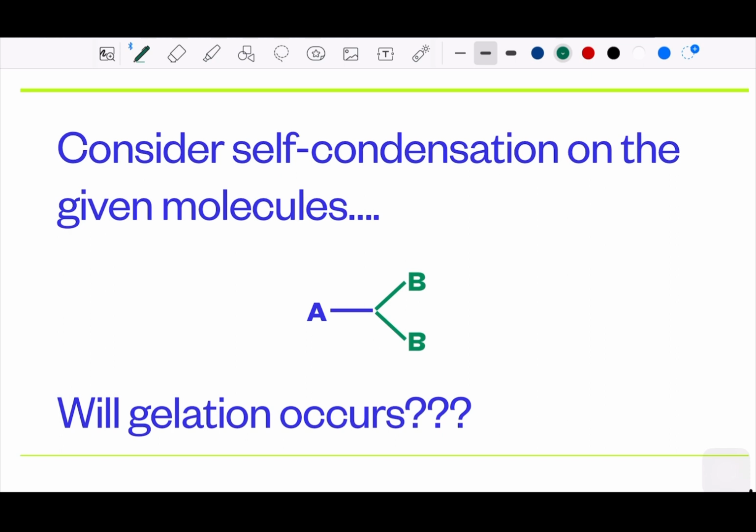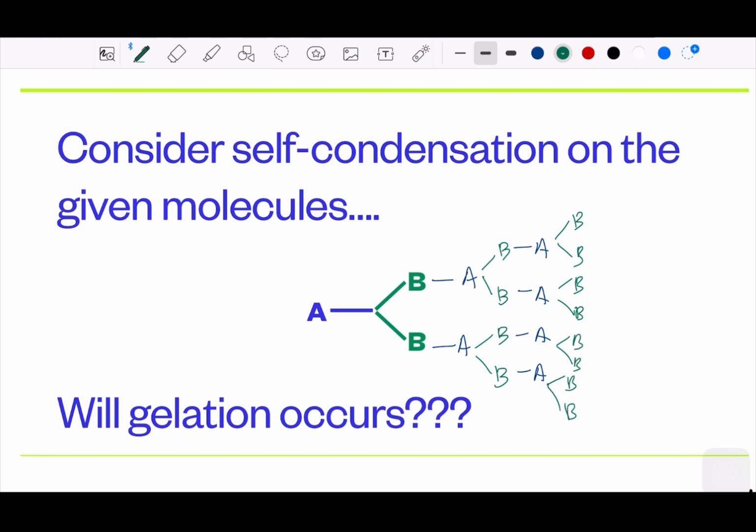So we take another A, B, B, and then another A, B, B, and then another A, another B, another A. Think for yourself: can this connect to become a network polymer?